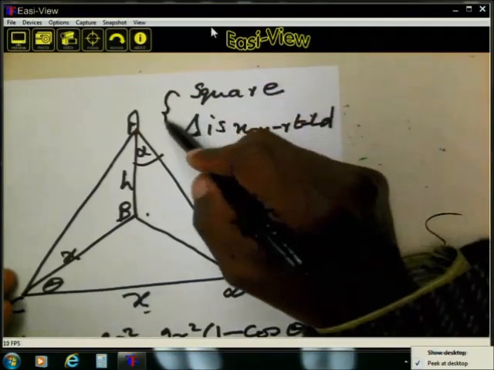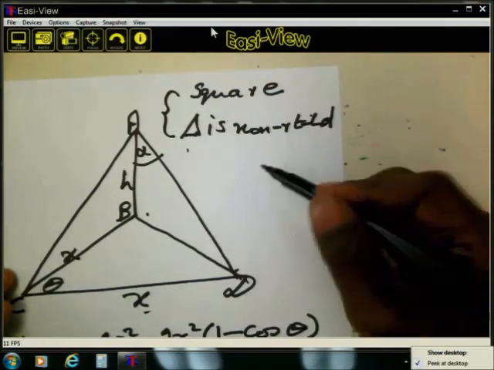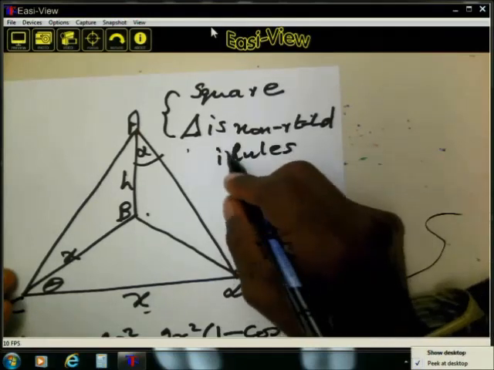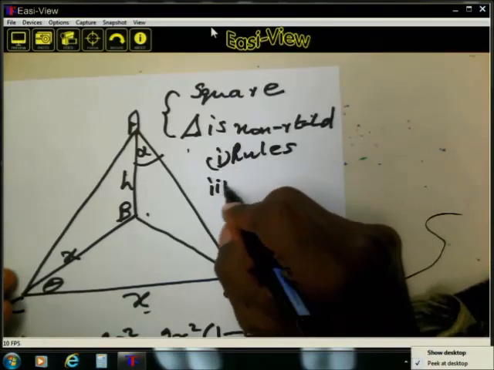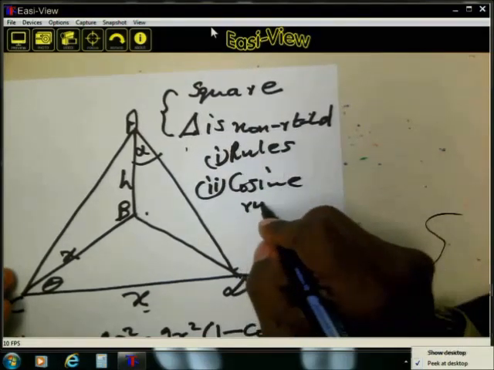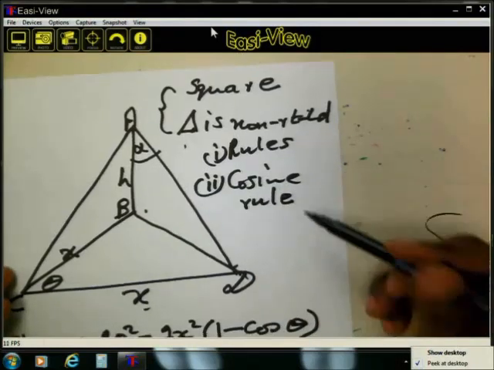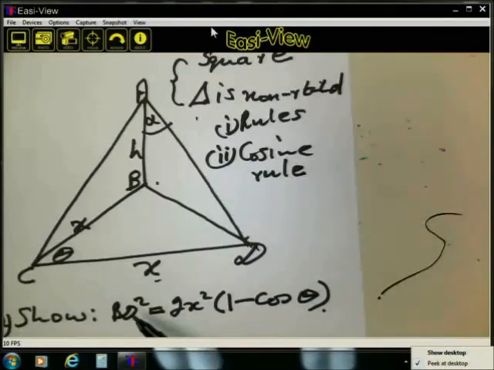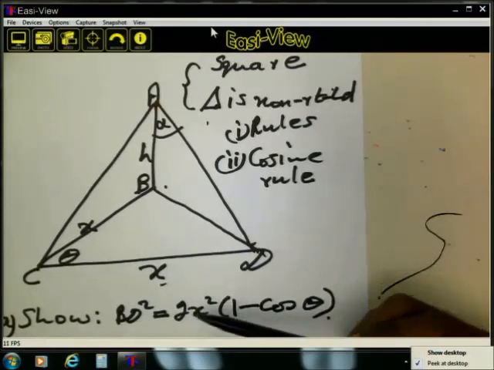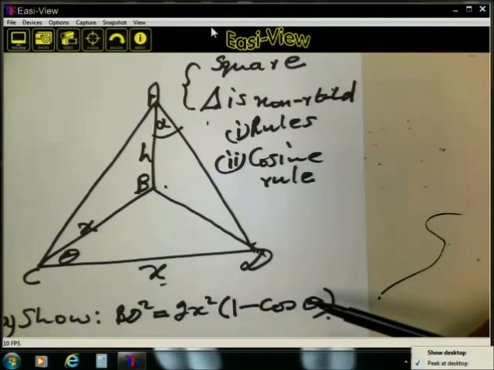These two facts suggest to you that you must use the rules. Number one. Number two, which specific rule? The cosine rule. I said at the beginning, the square and the square root will immediately suggest to you what course of action to take.